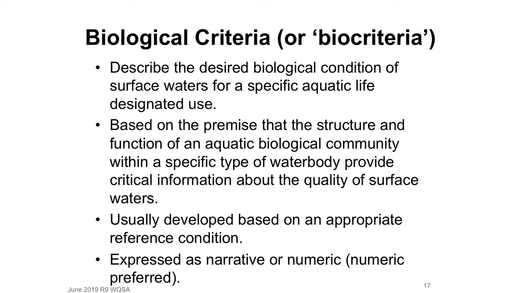So these are direct measures, based on the premise that if we understand what good bugs look like in a reference condition, then we can evaluate bugs in a non-reference condition and see how far from reference they are. I'm not reading, so you can read these slides.